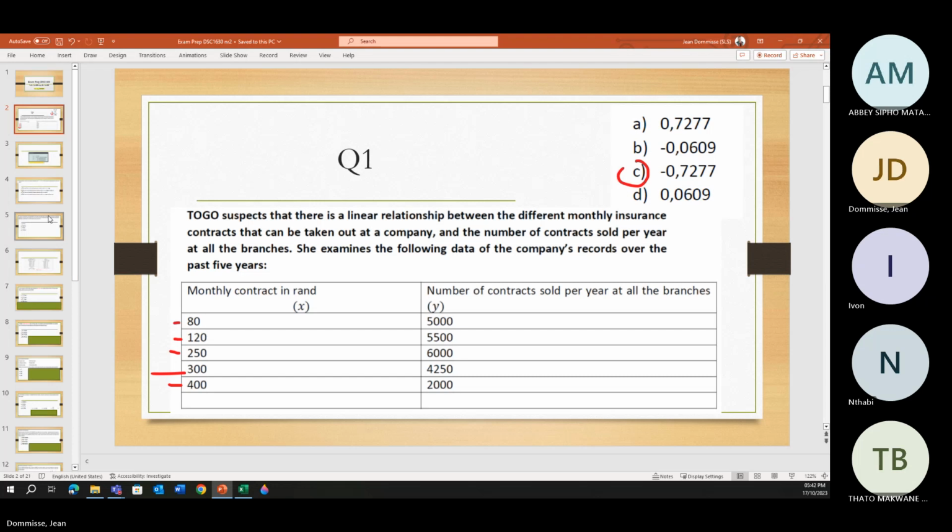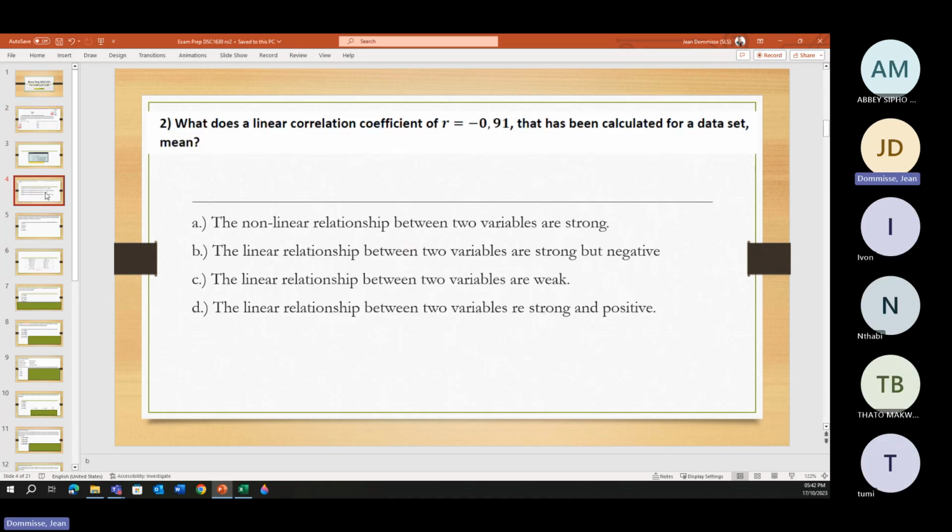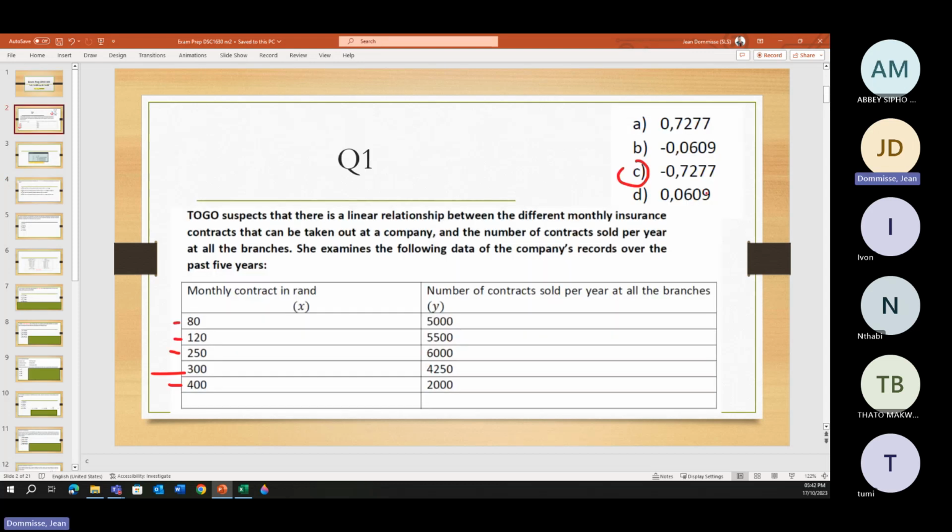The next question is going into something like that. What is nice about this paper is that they didn't expect you to use this answer, because if you were wrong here, they didn't then give you a follow-up question using this number.